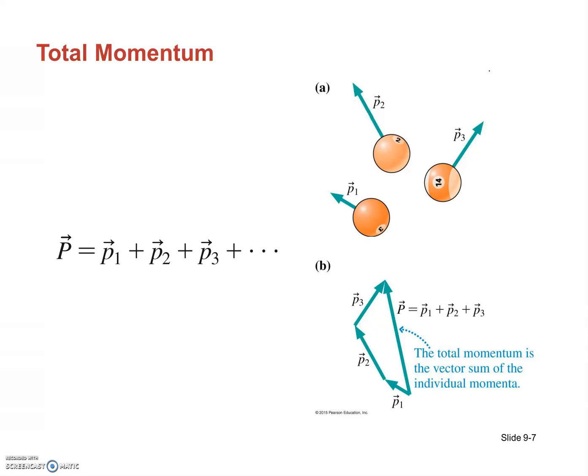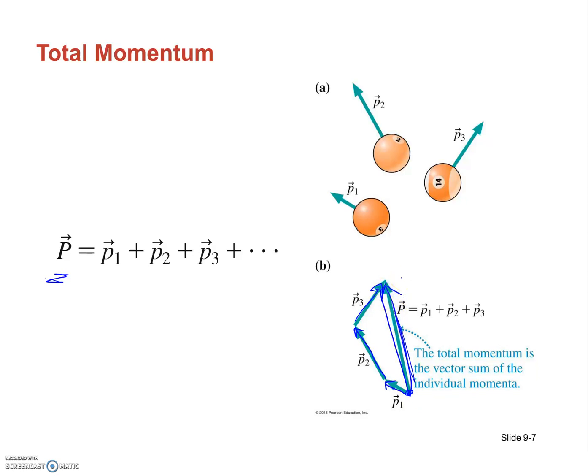We can calculate the total momentum, P, of a system of particles or objects as simply the vector sum of all of the momenta of each one. So for example, for these 3 billiard balls going off in all directions, start at the beginning, here's P1, we add that to P2, add these like vectors, add that to P3, and our total momentum is the vector sum of all of them.